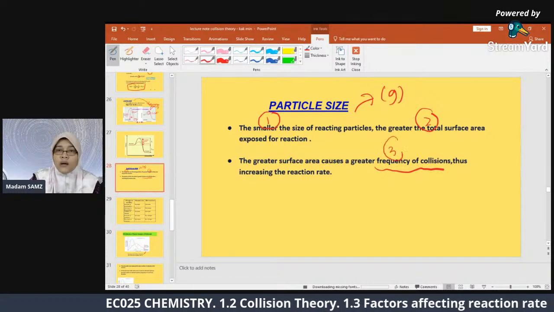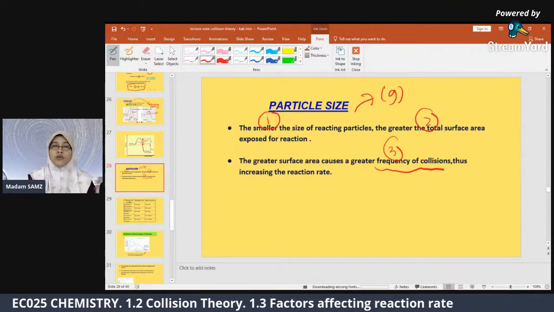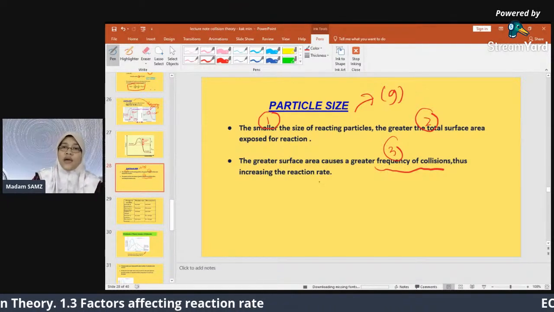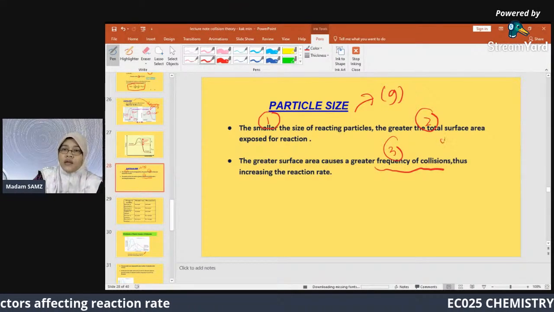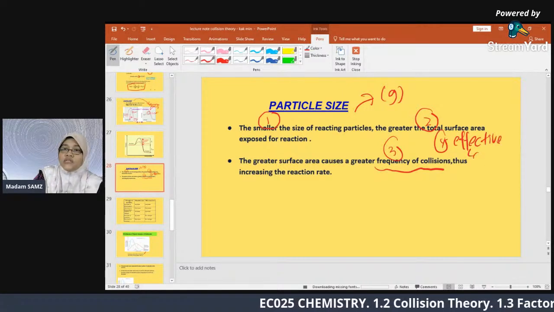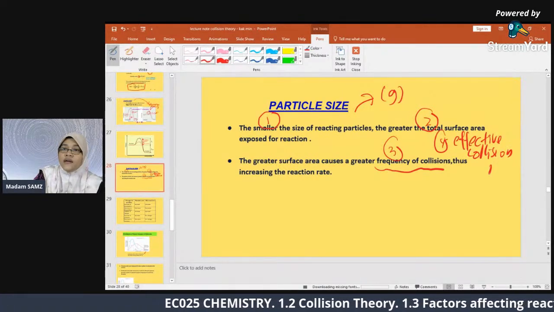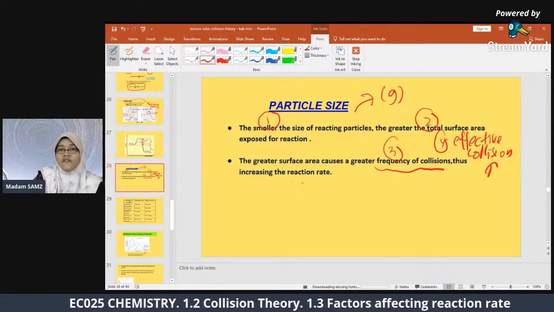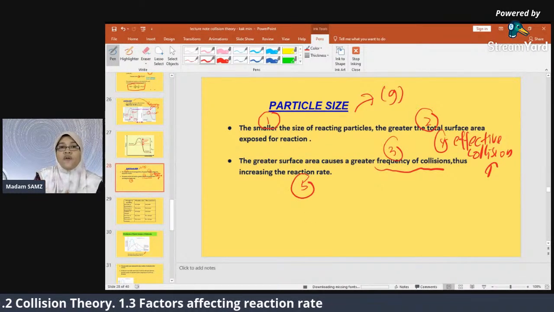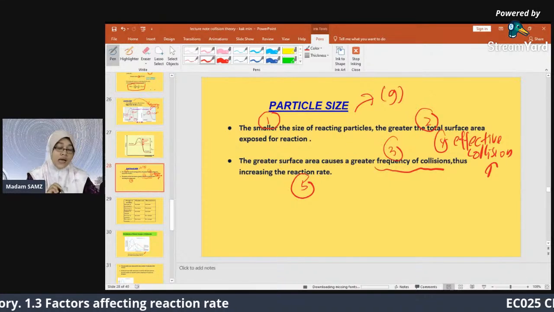The third, you're talking about the higher probability for the frequency of collisions. That's why the fourth, you should talk about the effective collisions also being higher. And the last one, the fifth, to conclude, therefore the rate of reaction is also higher, right?